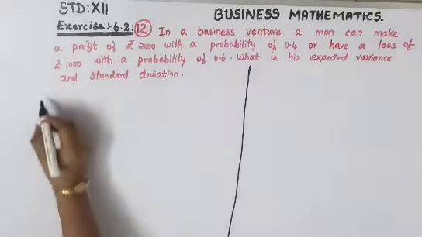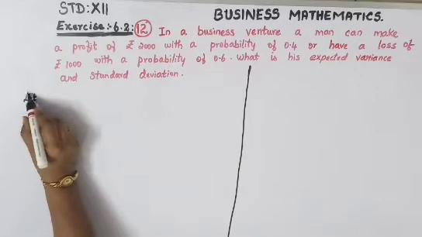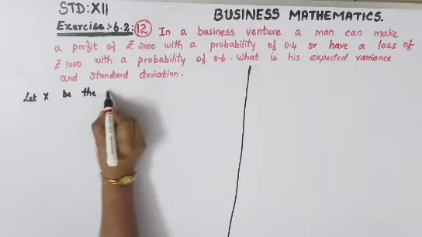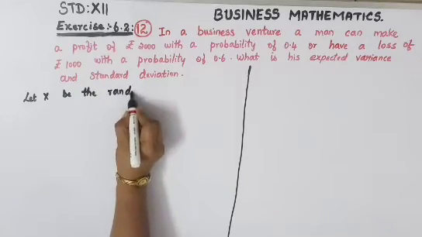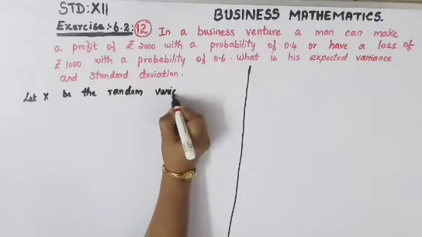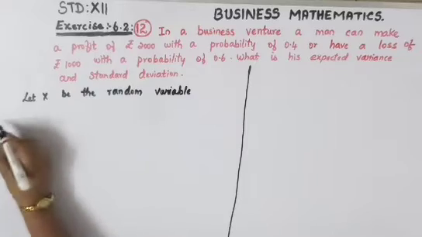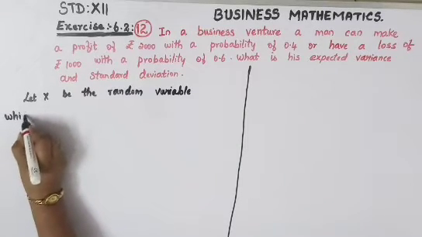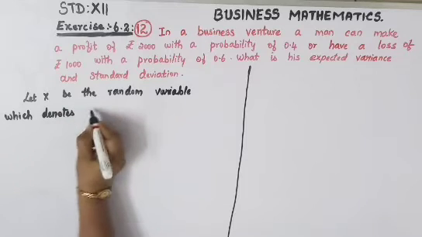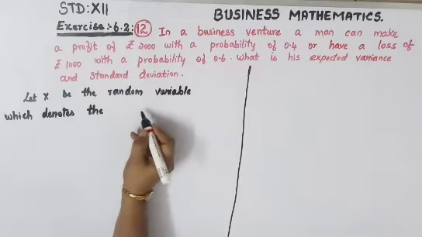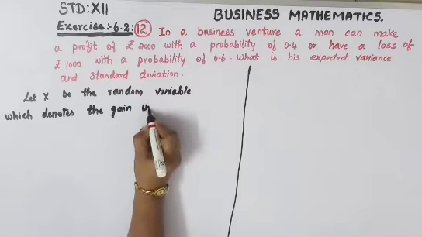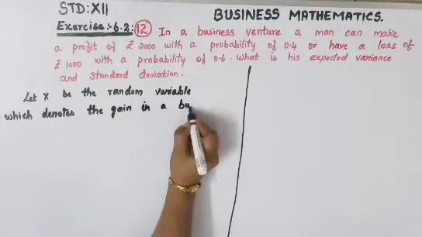So they have asked you to find the variance and standard deviation. First, we will declare: let X be the random variable which denotes the gain. They've asked you gain only. So the gain in a business venture.